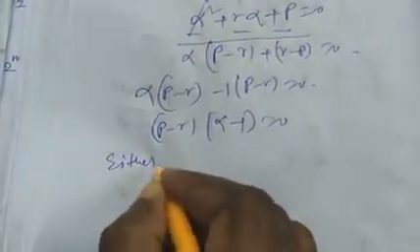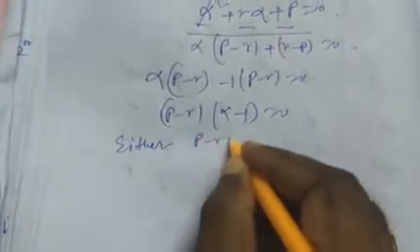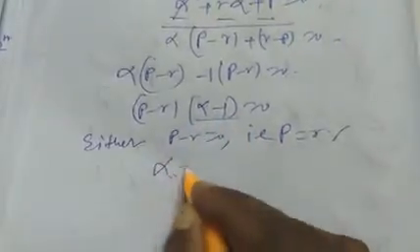Either p minus r equal to 0, and that is p equal to r, and this is the proof that we have done. And next condition here is alpha minus 1 equal to 0, then alpha equal to 1.